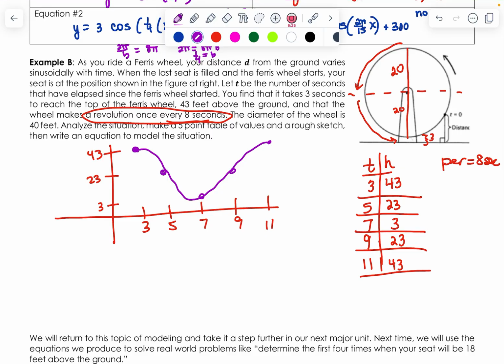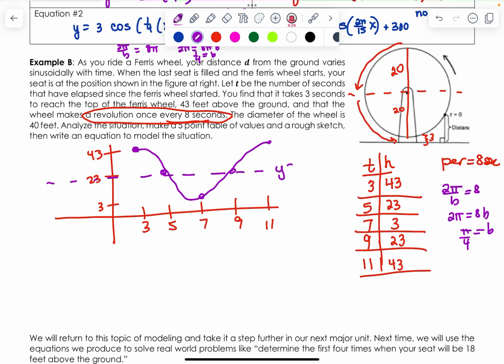So what I have then, 2 pi over b is 8 seconds. That's 2 pi is 8b, so b is pi over 4. My midline is y equals 23, so d is 23. The amplitude is half the distance, so the a value is 20.